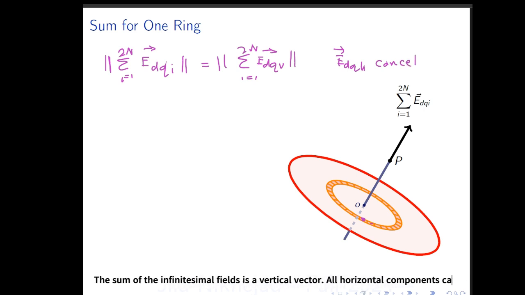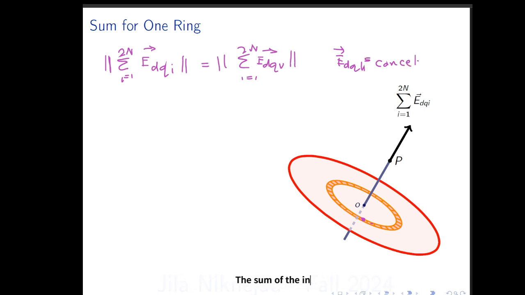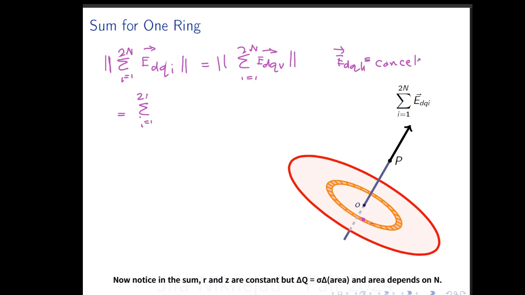Notice that in the sum, r and z are constants, but the infinitesimal charge delta q equals sigma delta area, and area depends on n.